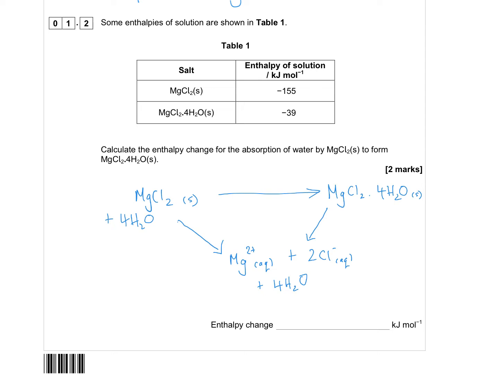So if you look at adding up and putting in the values for the different arrows, to go from magnesium chloride to the Mg2+ plus 2Cl- is -155.